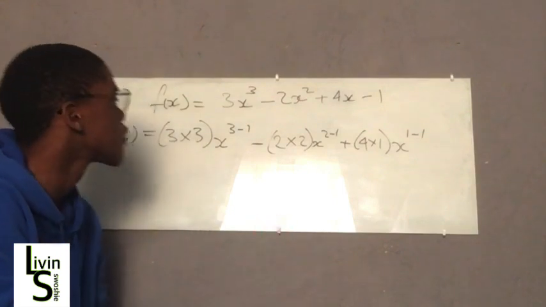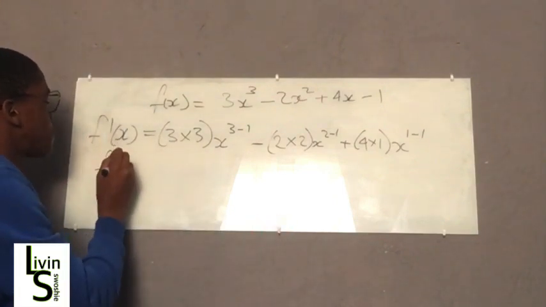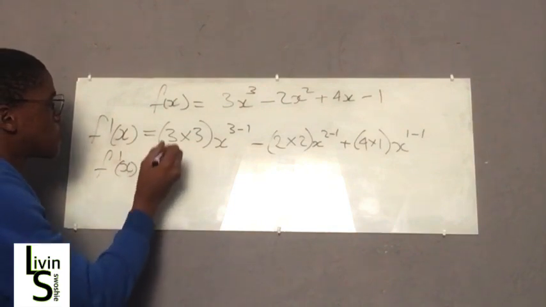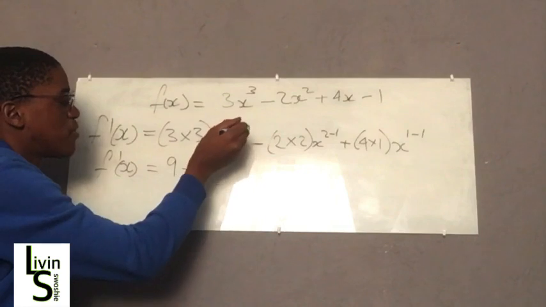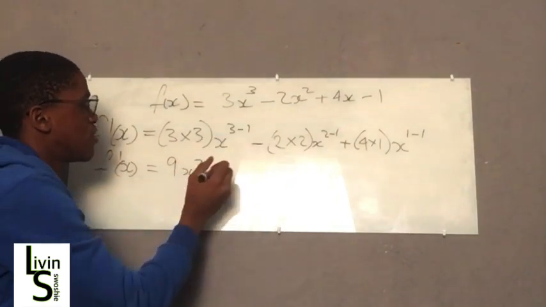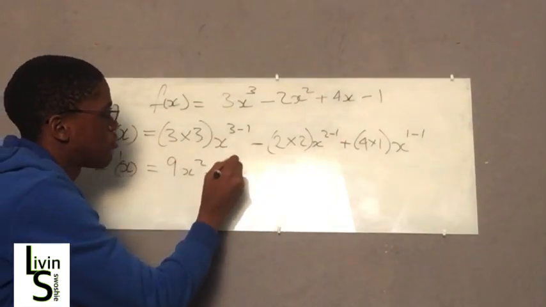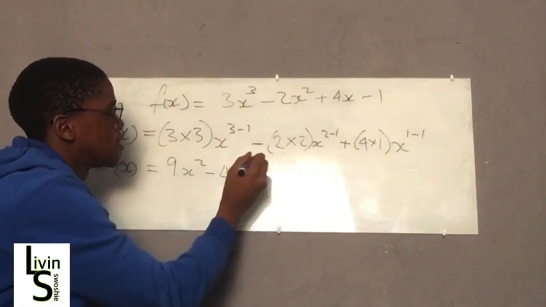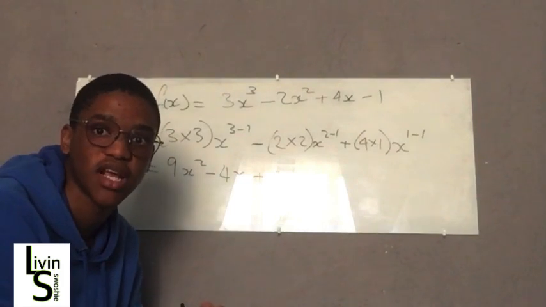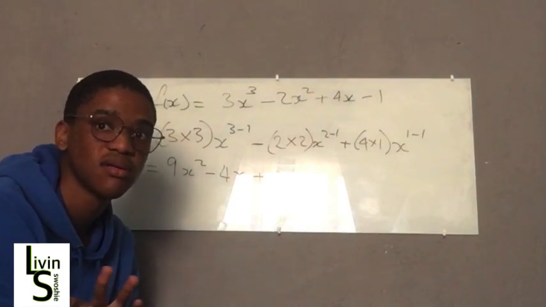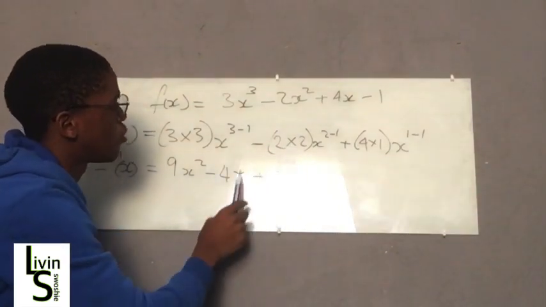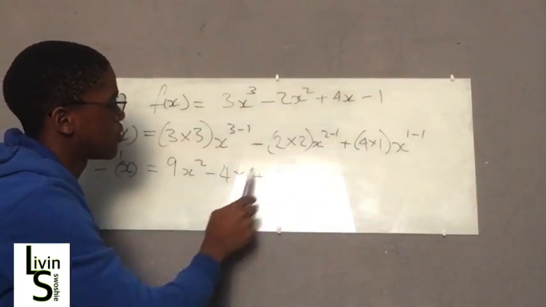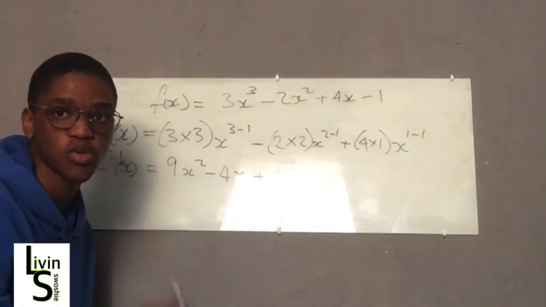So you can further now simplify this and say f prime of x is equal to 3 times 3, that will be 9, x 3 minus 1, it is squared, and then minus 2 times 2 is going to be 4, x 2 minus 1, just 4x. Okay, there was a little bit of a glitch with the camera setup, but then we said 2 times 2, 4x, 2 minus 1, which left us with 1, so we are not going to write that 1.